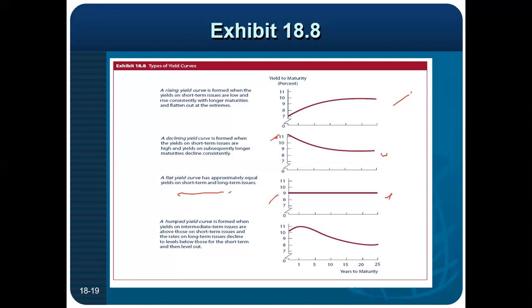So the humped yield curve is formed when yields on intermediate-term issues are above those on short-term issues and the rates on the long-term issues decline to a level below those for the short-term and then level out.